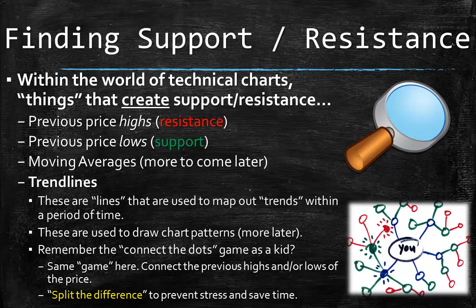Just split the difference on them and go with that, but don't spend too much time worrying about the details. And I'll show what I mean by that as we go through the course more. But just remember, split the difference. Don't get hung up. Don't lose sleep over whether your trend line is right, or should be a little bit different. Don't worry about that sort of stuff.